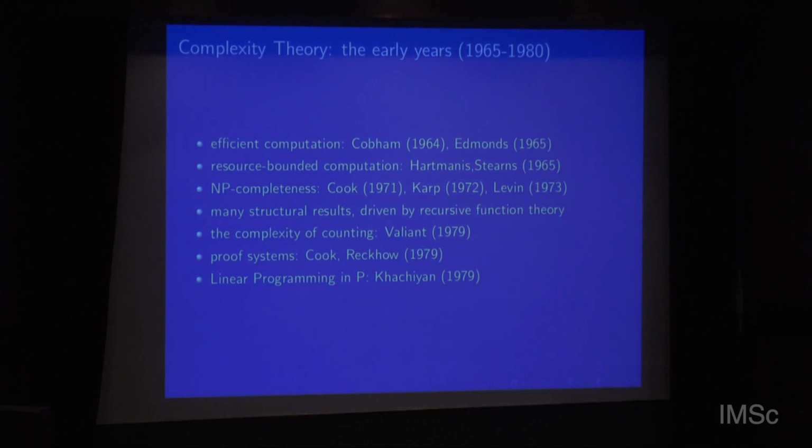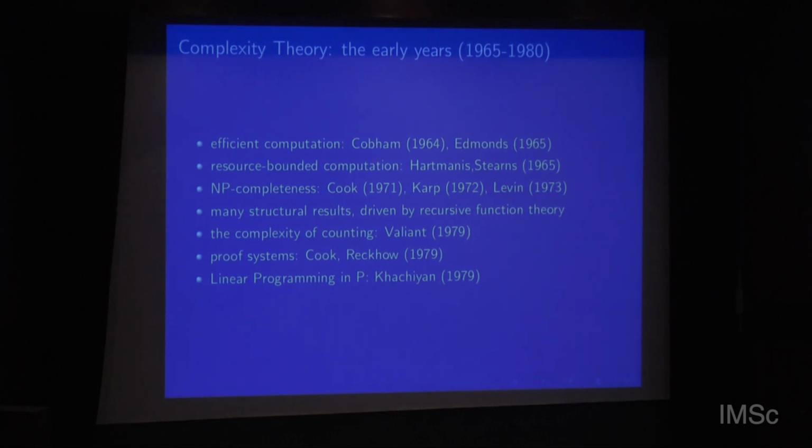So here is a very brief list of landmark results which happened in the early years of computational complexity. These years, 1965 to 1980, one could think of as really laying the groundwork for this research area. This is well before computational complexity started in IMSc, but just to get the background for what was happening. The notion of what is efficient was actually formalized first by Cobham and Edmonds in 64 and 65.